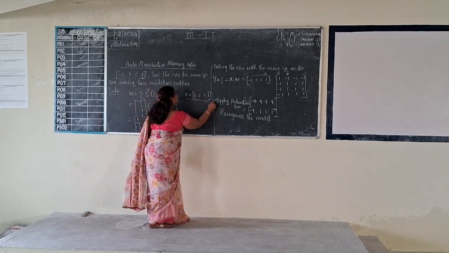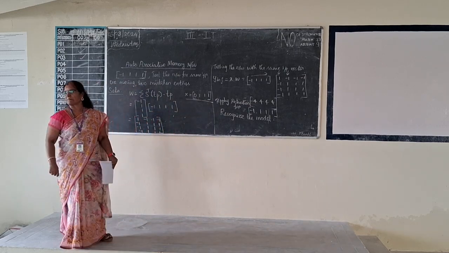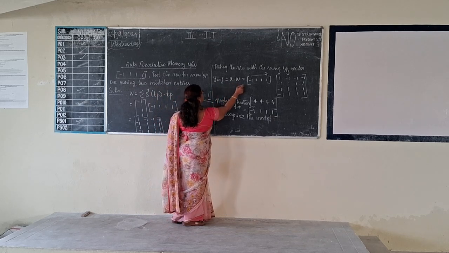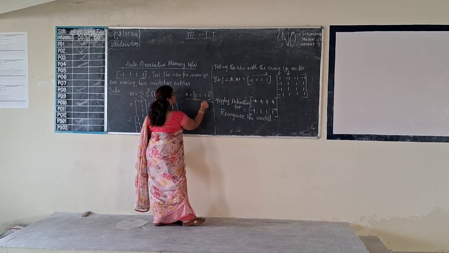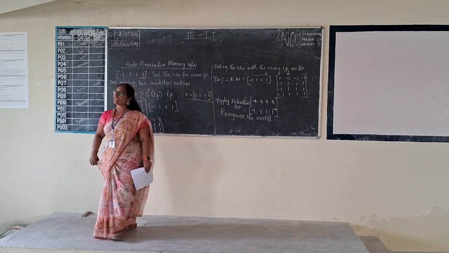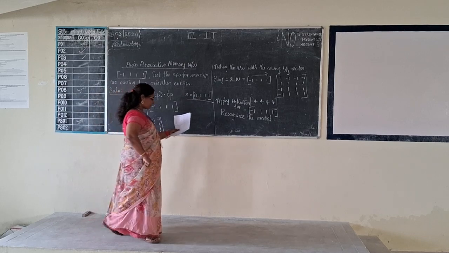So now the input is this. Please perform the testing steps. J is equal to x into w, where x is equal to 0, 1, 1 and w is as before. So perform multiplication, apply activation and tell me the answer.